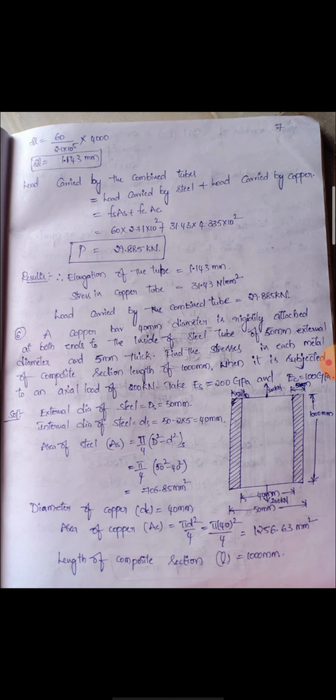So we know the Young's modulus values. For steel, Young's modulus ES equal to 200 GPa. GPa is gigapascal. So 200 GPa is 200 into 10 power 9 Pa.